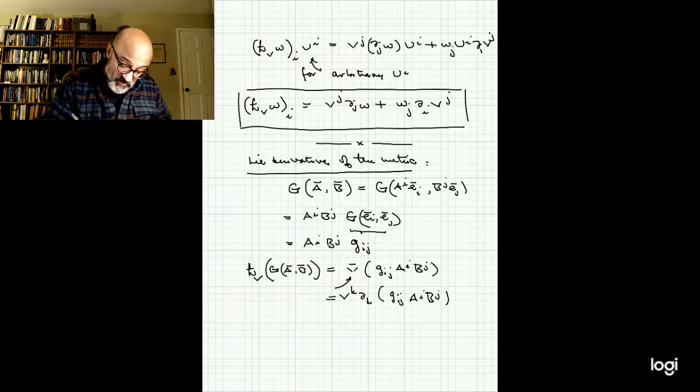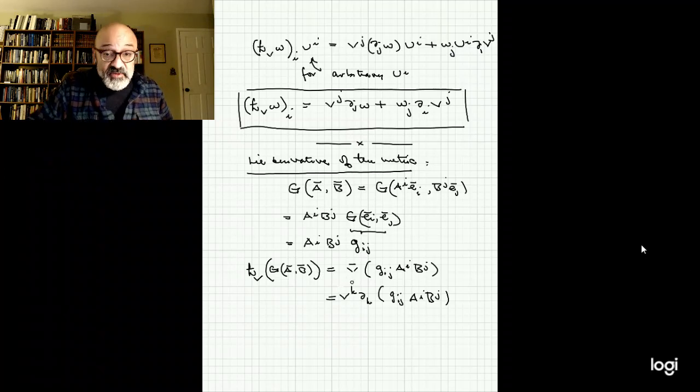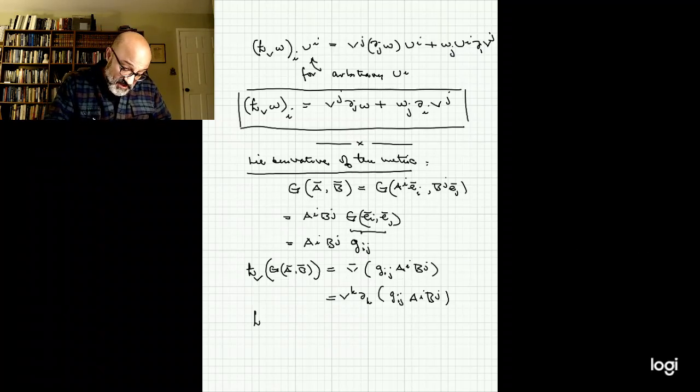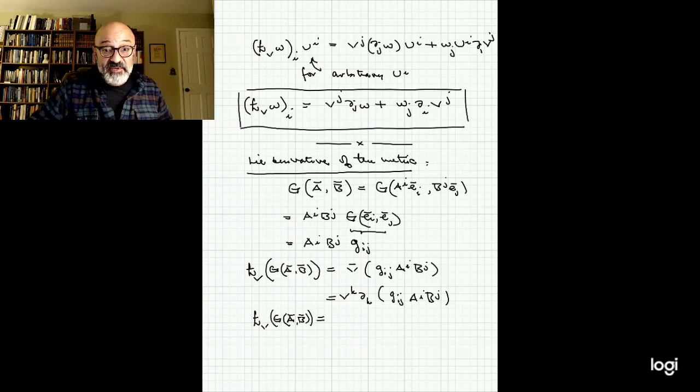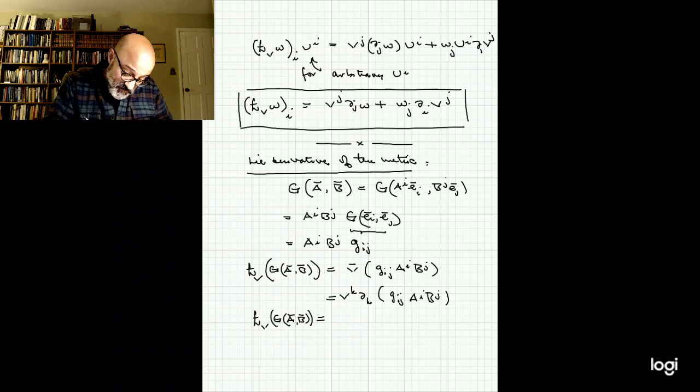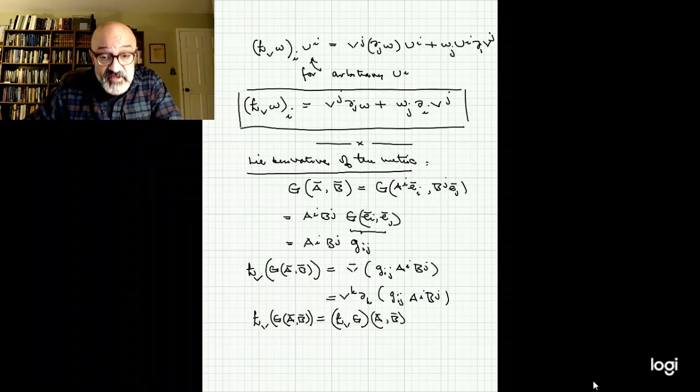So that's what this guy is. On the other hand, this guy acting on GAB, the idea is we're going to use a Leibniz rule on it, and we're going to say it's the derivative of the first acting on the two others.